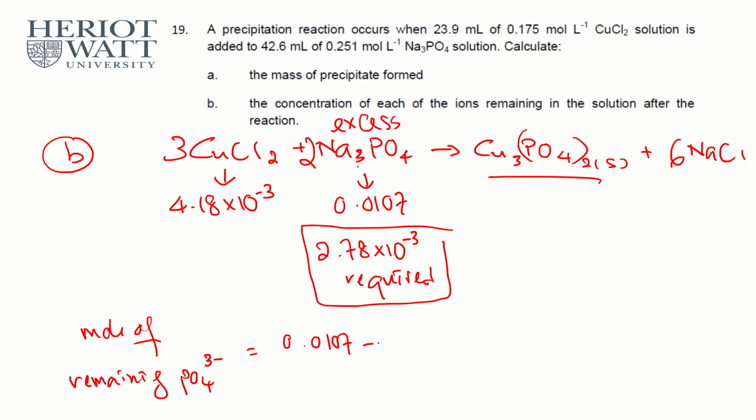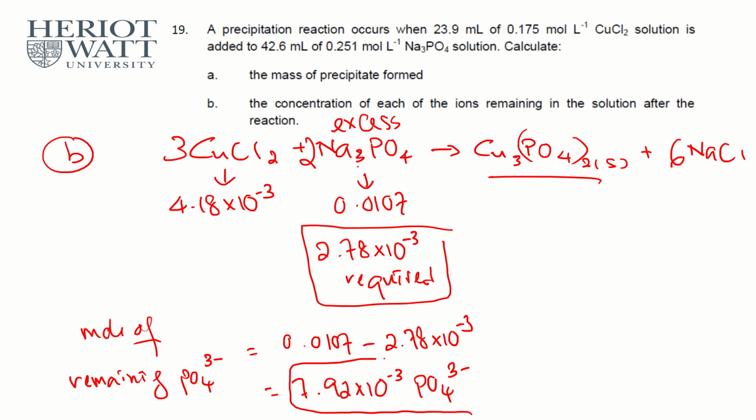This is what we have, minus what we required. You will get the mole of phosphate to be 7.92 times 10 to the power of negative 3. That's the mole of phosphate remaining.